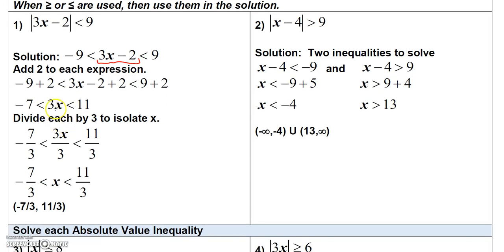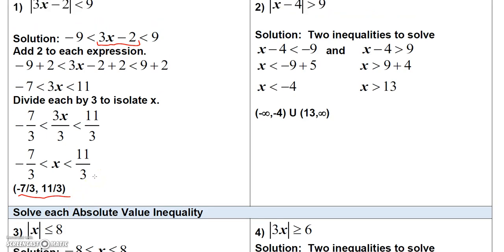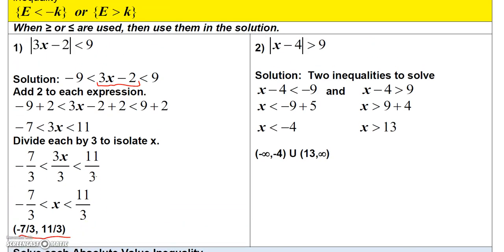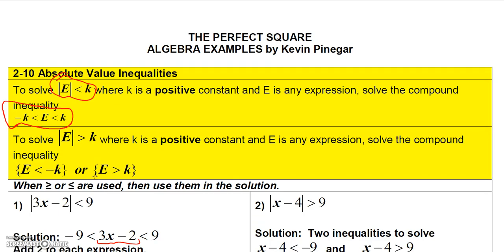Then you can divide everything by 3 to isolate the x, and you'll get negative 7/3 is less than x is less than 11/3. So basically the solution is all values between negative 7/3 and positive 11/3. And so that's how you solve when you have the absolute value of an expression less than a constant.